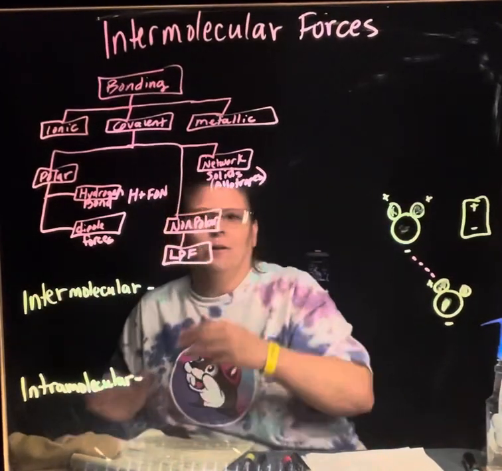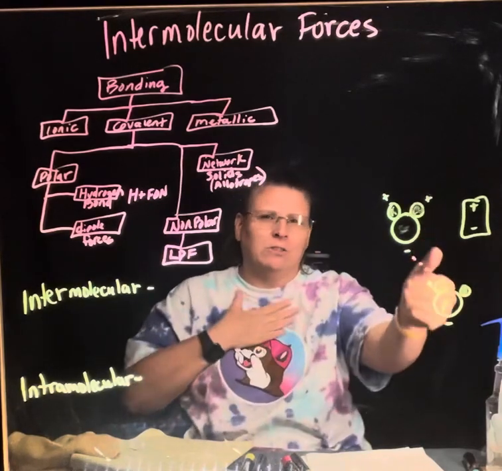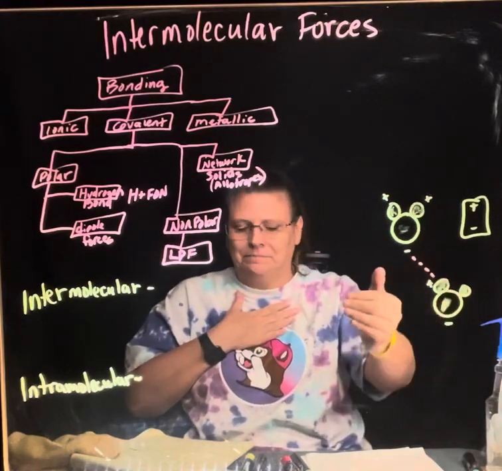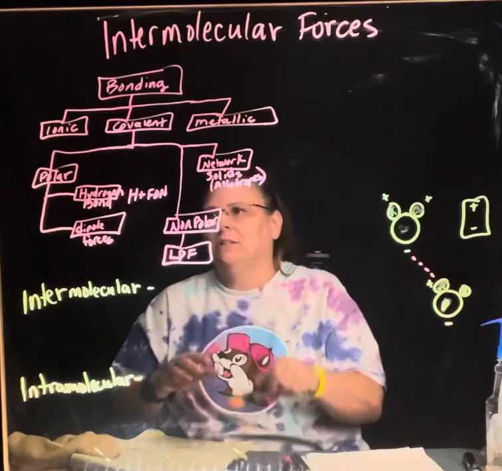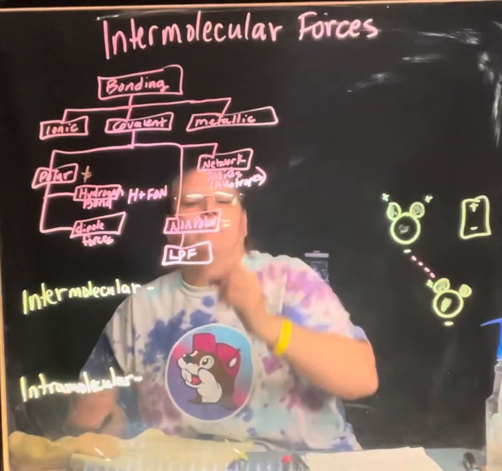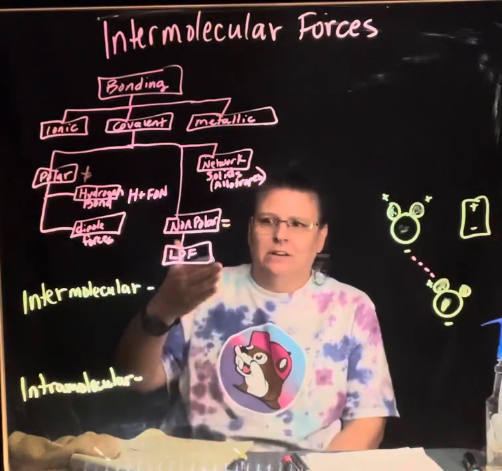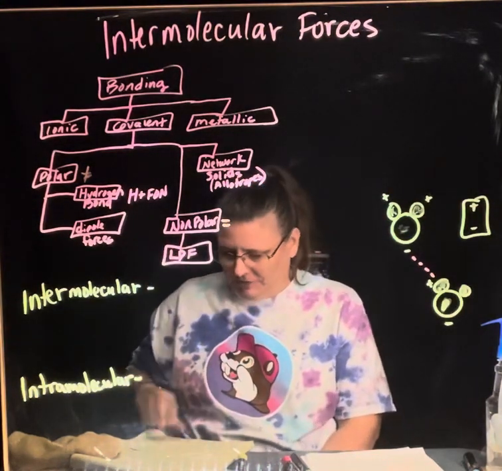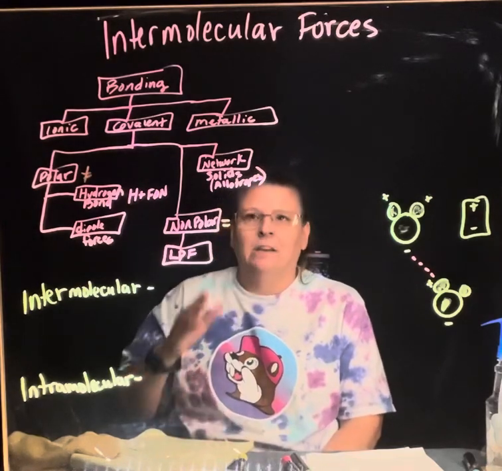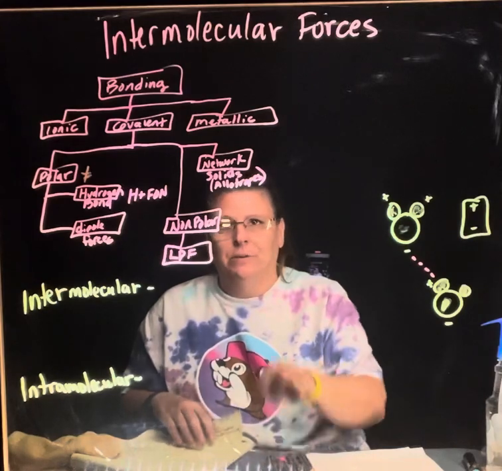Then you have nonpolar. That's where the electrons are shared equally. This is when electrons are being shared unequally. So let's just put that here, unequally, and this one is equally shared. Okay, and if they're equally shared, you have London Dispersion Forces, or LDFs. Okay, and then network solids. That's something totally different. I may or may not touch on that, but just have them there in case we do it in class.